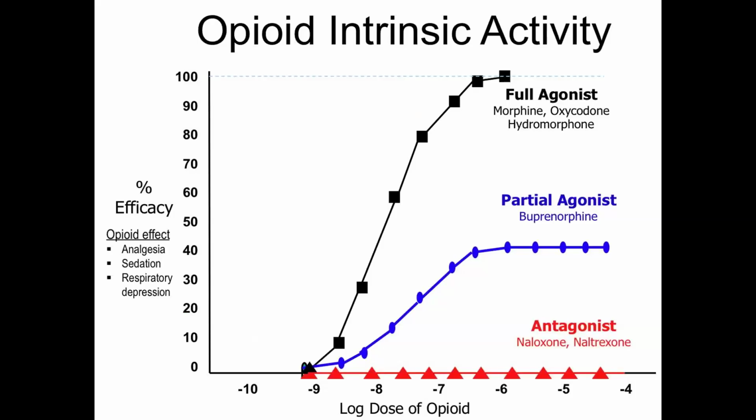The nice thing about it is that it has a ceiling effect as far as respiratory depression, but it does not have a ceiling effect as far as analgesia, and that's the key here, and that's why it's safer. Buprenorphine is safer than the other types of opioids.